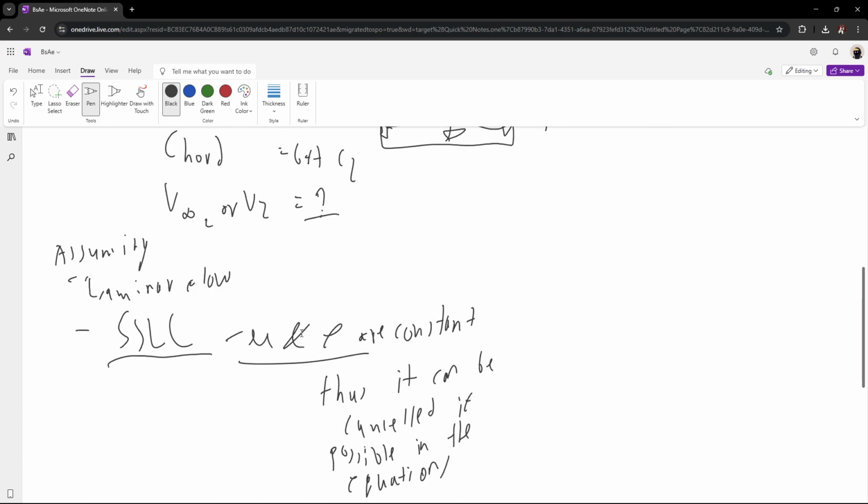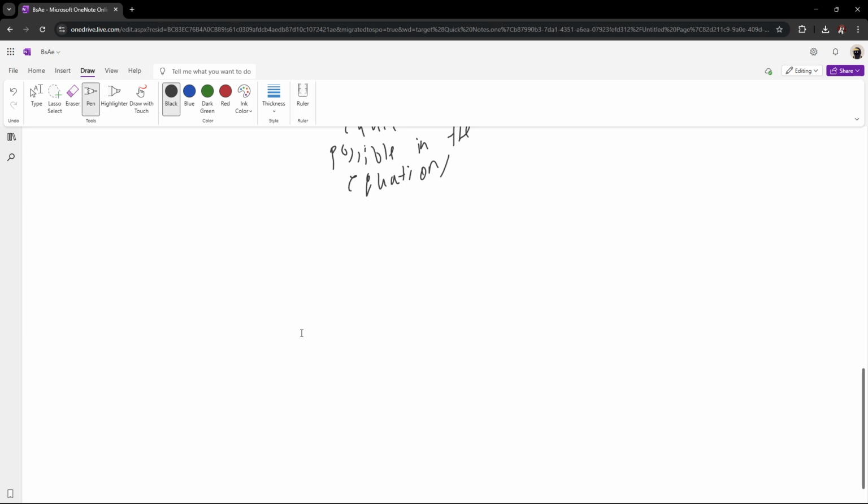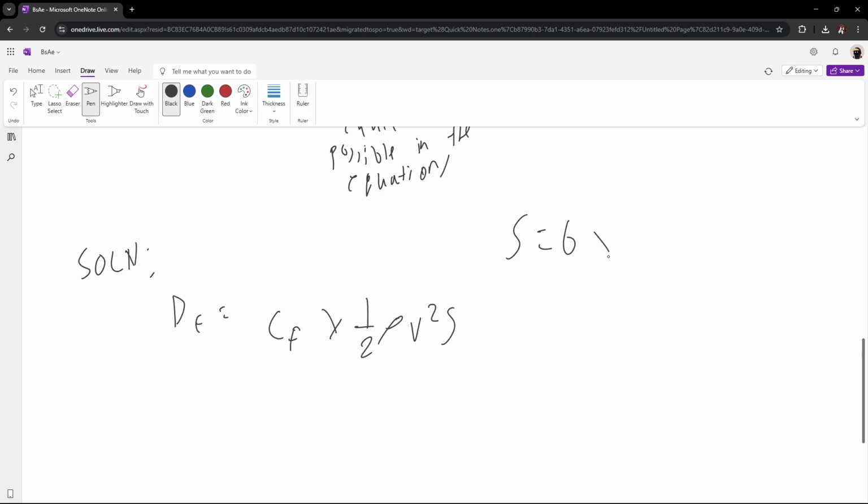First, we get the total skin friction drag solution. We know that skin friction drag, DF, is equal to Cf multiplied by 1/2 rho V squared S. S is equal to base times length.